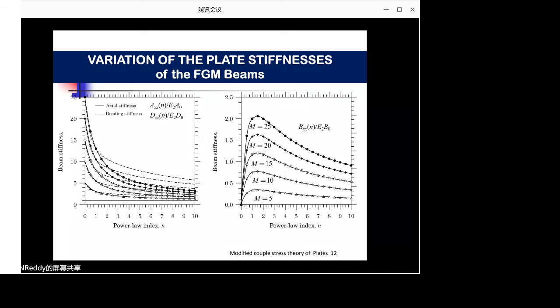Now I want to talk a little bit about what happens if you make the plate functionally graded. I've shown these two graphs before, then these AXX, DXX, and BXX will depend upon the power law index. Of course, this is a specific form of the material variation. So this is not a laminated structure now. That means in lieu of layered media, you have a single material, but that material is varying through thickness.